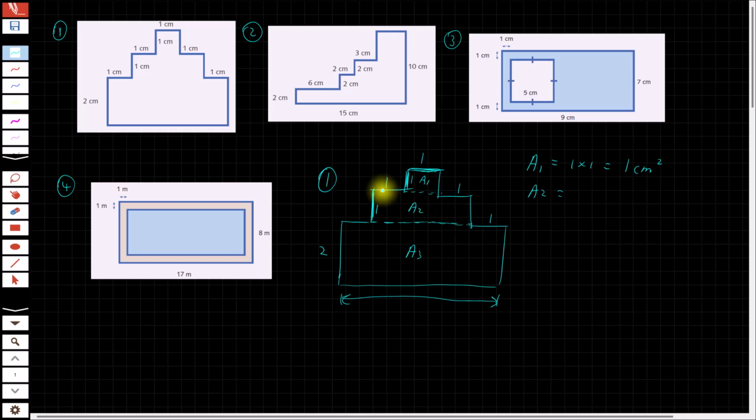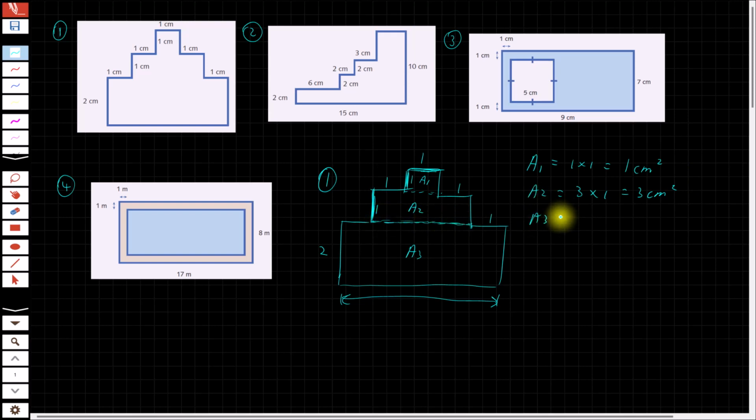So if we have a look at the top there, we have a distance of 1 there, a distance of 1 there, and a distance of 1 there. So that is the same as the distance all the way across here. So 1 plus 1 plus 1 is 3. So it's 3 times 1 equals 3 centimeters squared. So remember, for the area of a square or a rectangle, we multiply one side by the other side.